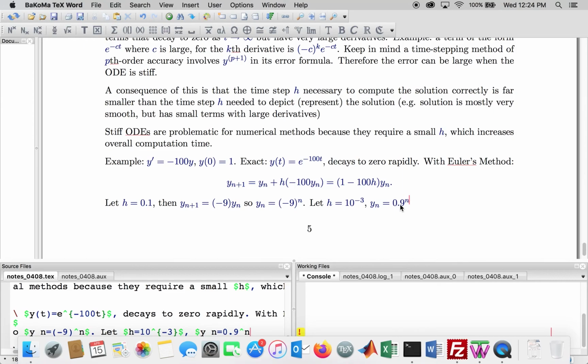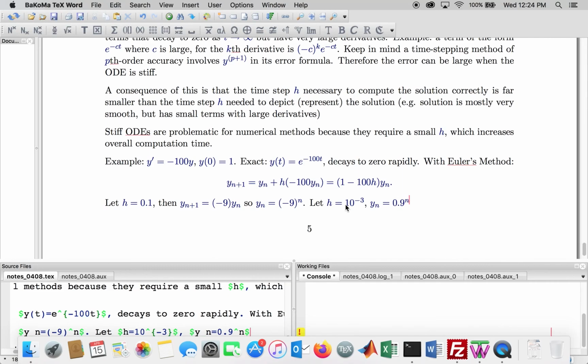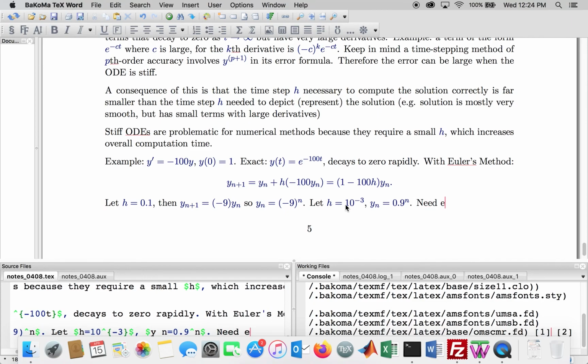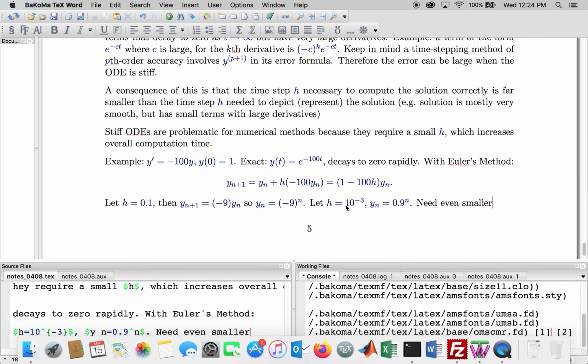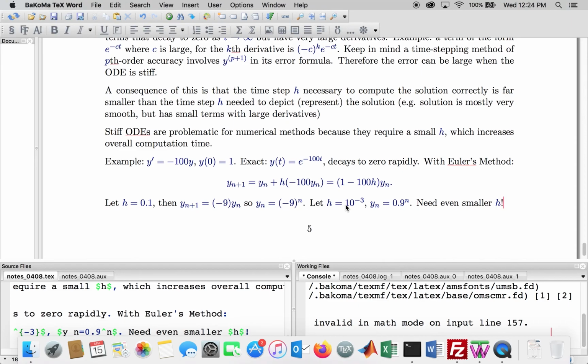That's a lot more reasonable. It's at least decaying to 0. It's not decaying to 0 nearly as rapidly as the exact solution does, but at least it's in the ballpark. So we must choose a small time step to have any hope of getting reasonable accuracy. Really, we need an even smaller h.